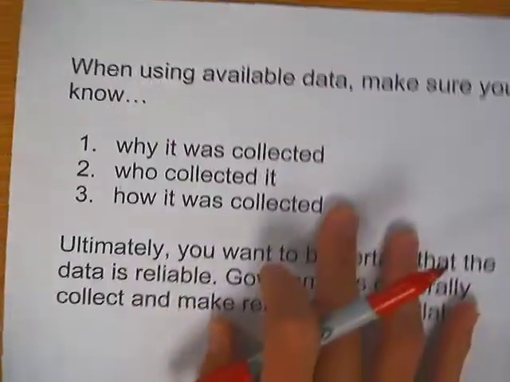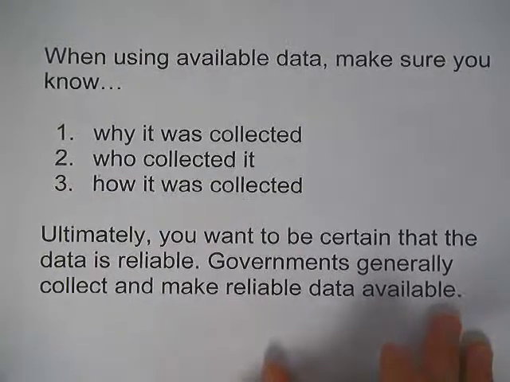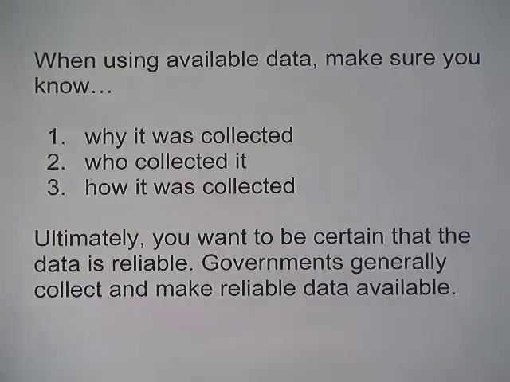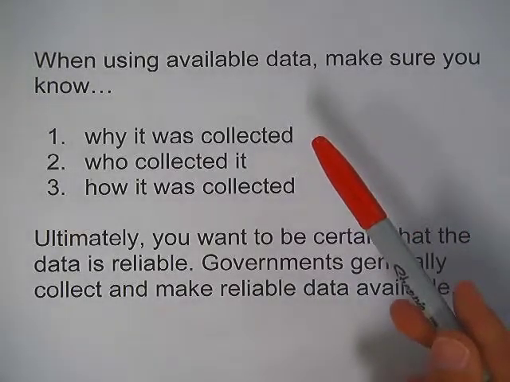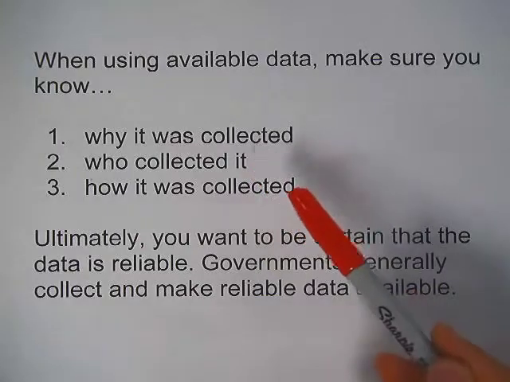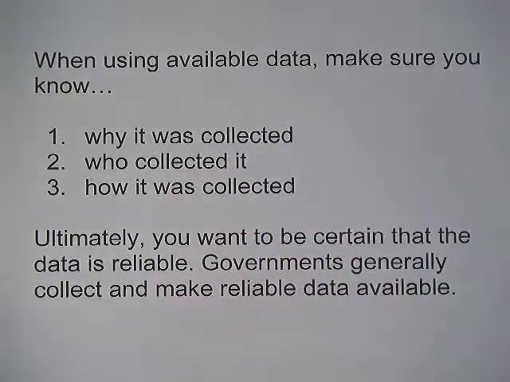Now, when you're using available data, you want to always make sure that it's good data. A couple of questions you can ask yourself are: why was it collected? Who collected it? And how was it collected? So if I'm thinking about my available data, the basketball roster, why was it collected?